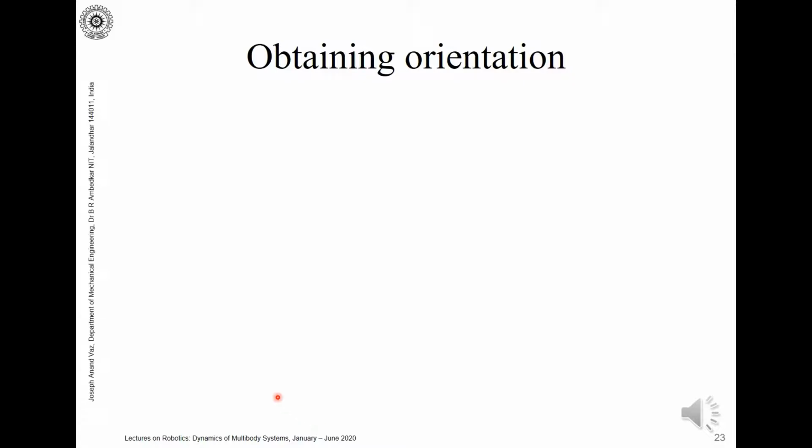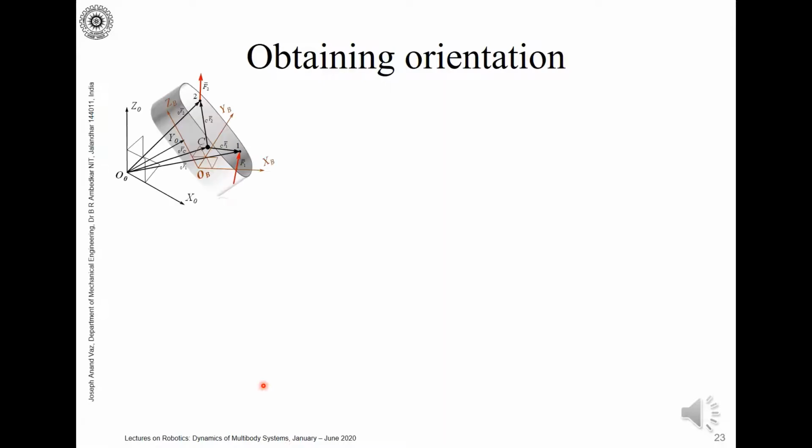Now, if we are to represent this relation graphically and obtain the columns of the R matrix, let's consider this rigid body with the frame B fixed on it, so it moves with the rigid body as the rigid body moves, and its orientation with respect to the frame 0 is changing with angular velocity omega.